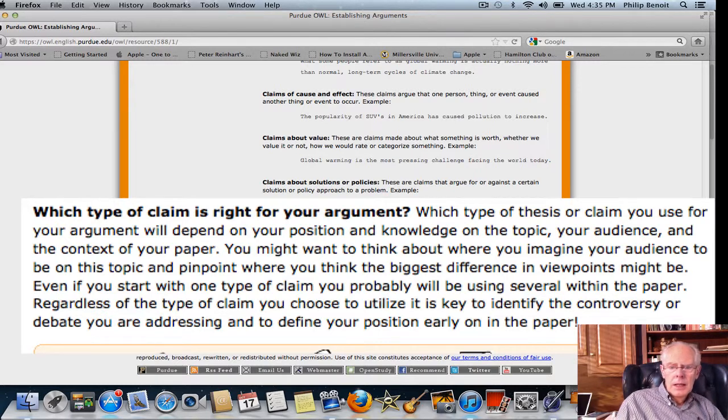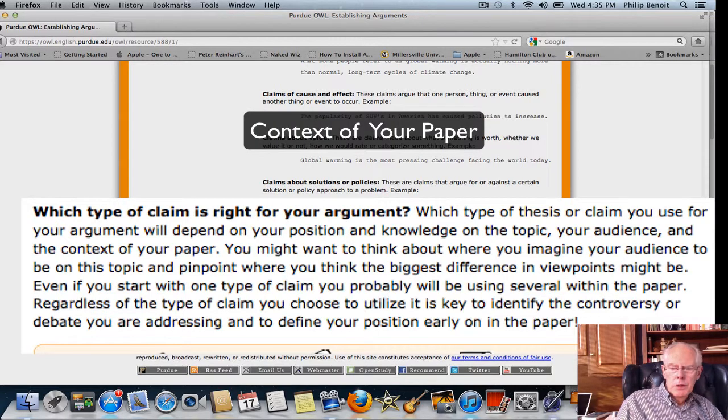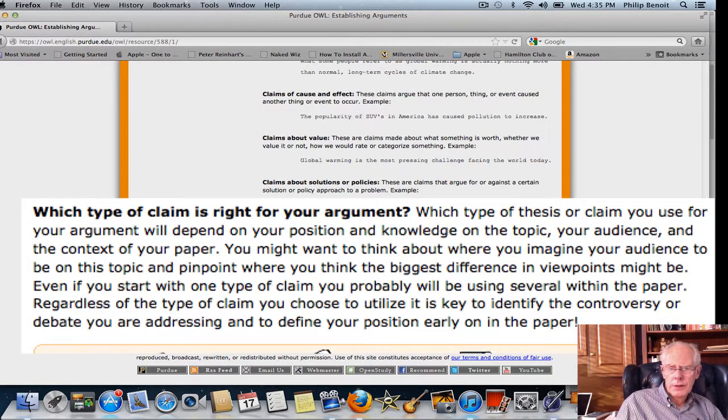Okay. The context of your paper. What reason are you writing this? Why are you engaging in this? Is this something to persuade somebody of a call to action? So you're looking at a solution or a policy? Is it something you want people to change their opinions on so that they start to move in a direction of understanding enough about a point of view to challenge it or to make change occur?